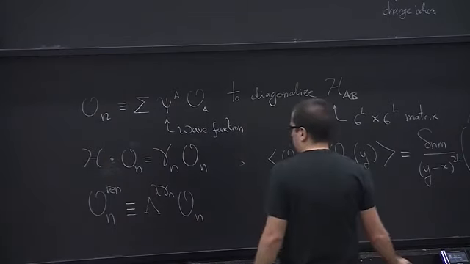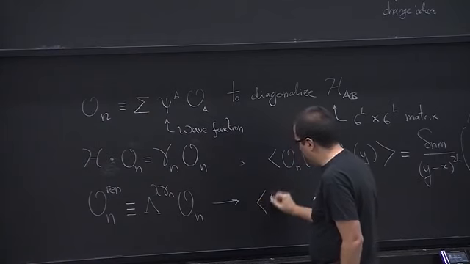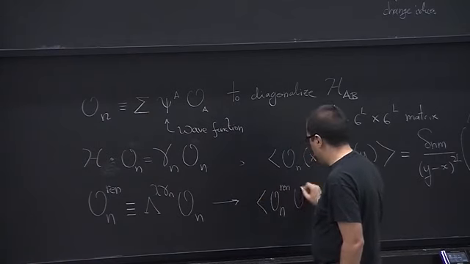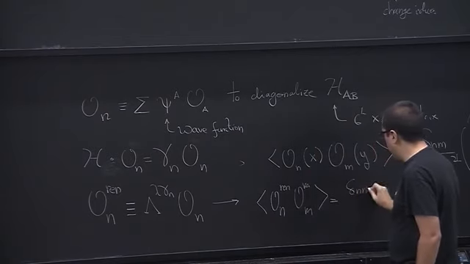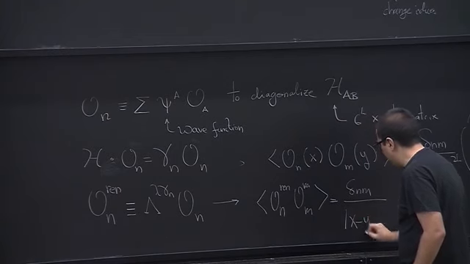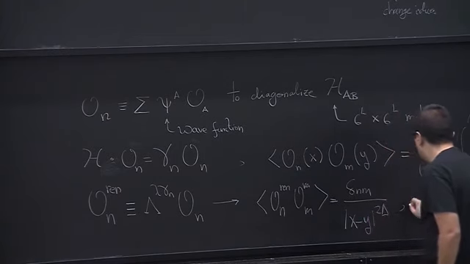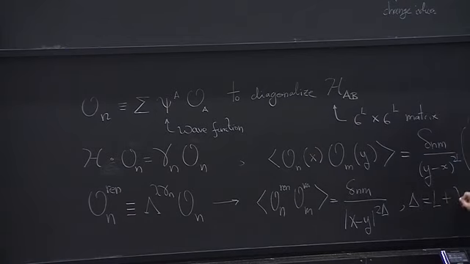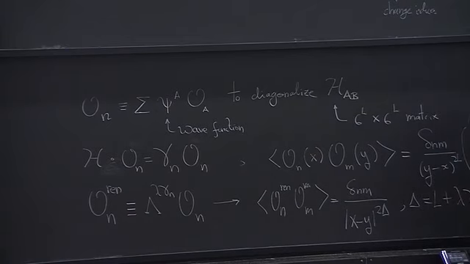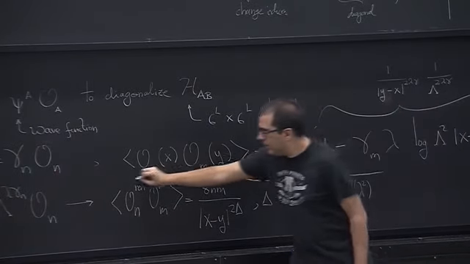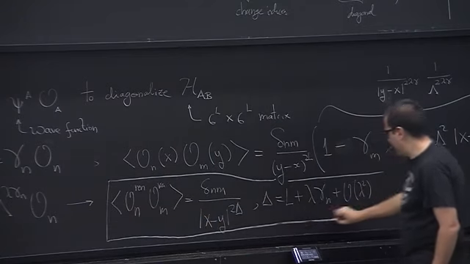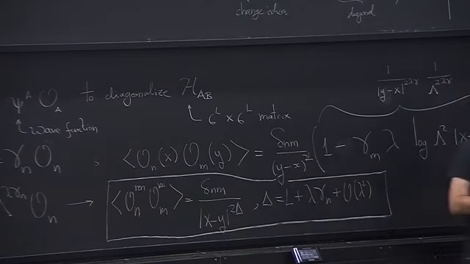And the claim is that this operator has the correlation functions that On renormalized, Om renormalized are equal to delta nm over (x minus y) to the power 2 delta, where delta is L plus lambda gamma n plus 2 loop quantum effects if we were to compute further. Okay? Do you agree?